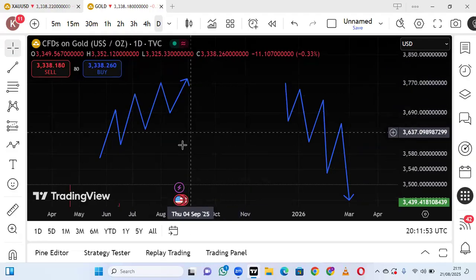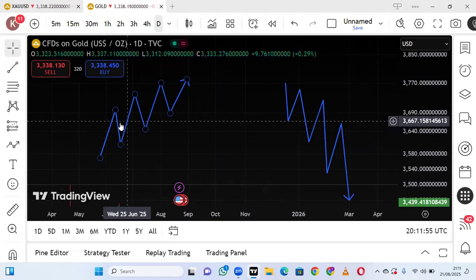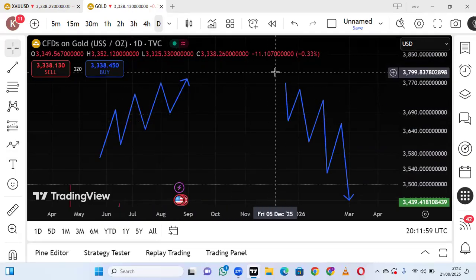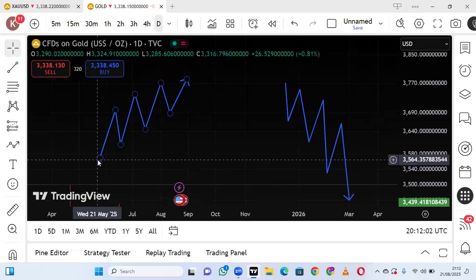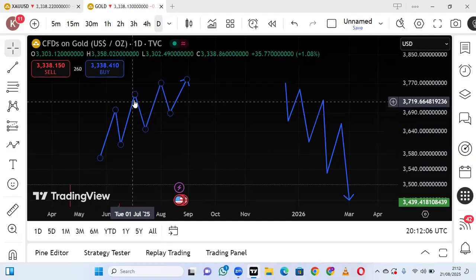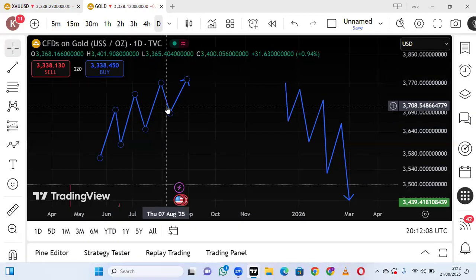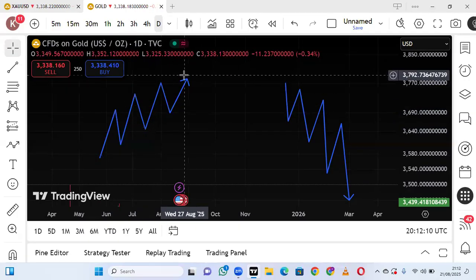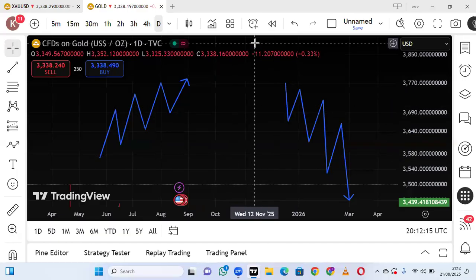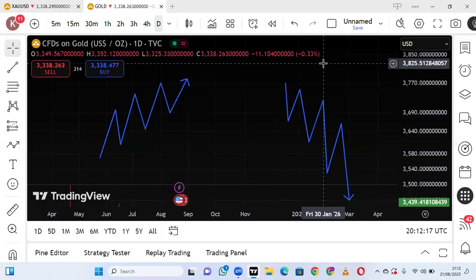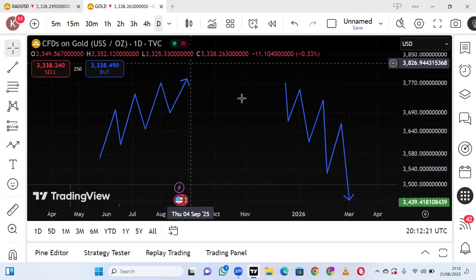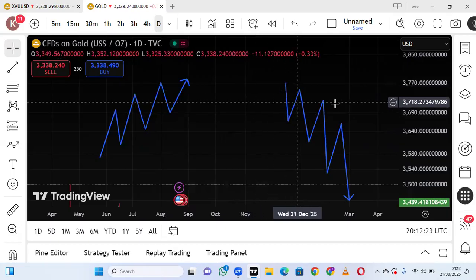It moves in a form of zigzag, just like this: up, down, up, down, up, down, just like demand, supply, demand, supply, demand, supply, demand, supply. So that's how the market works. It does not work straight, or let's say it's buying, then it will just buy straight and keep going straight. No, they have to cover some spaces.